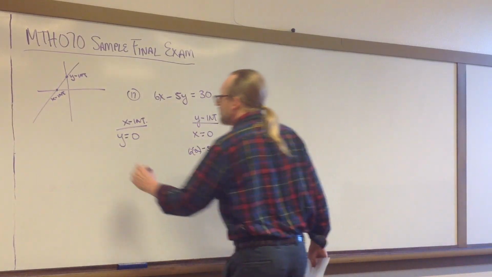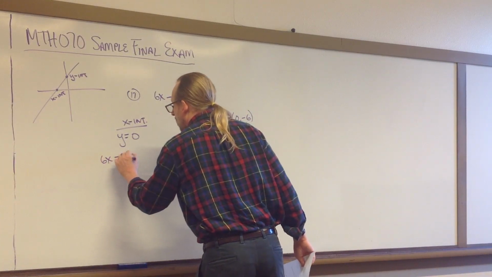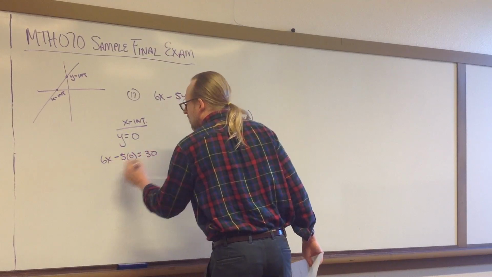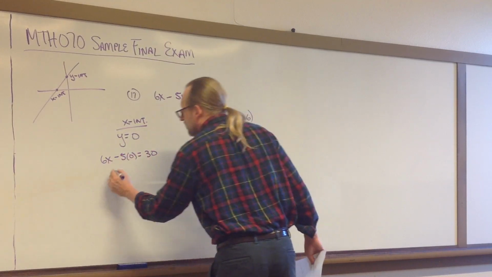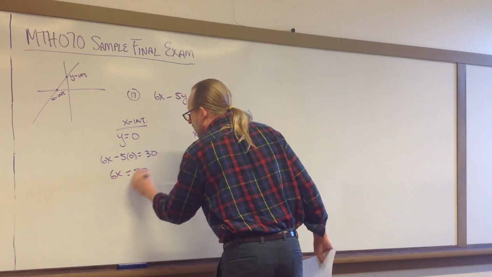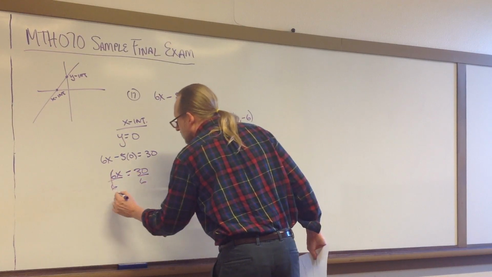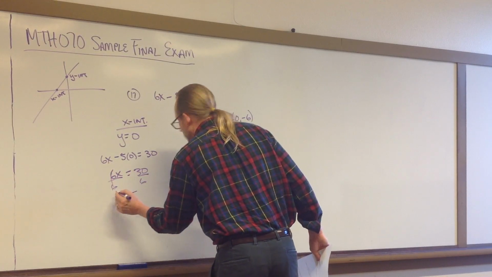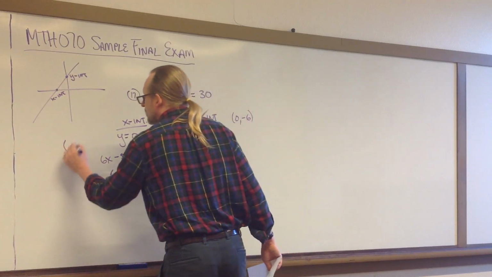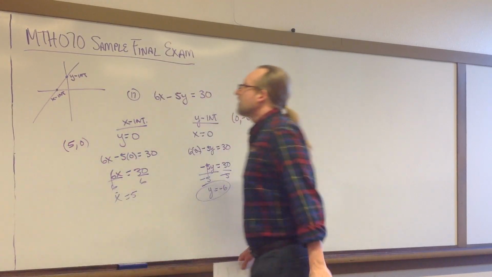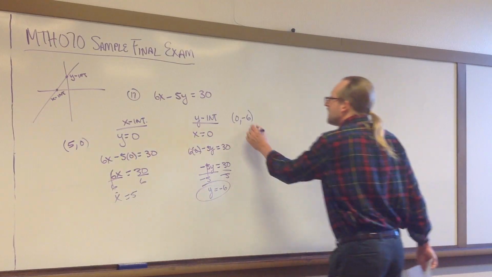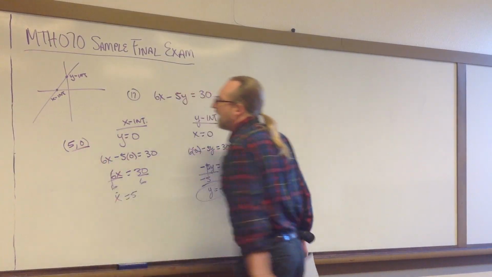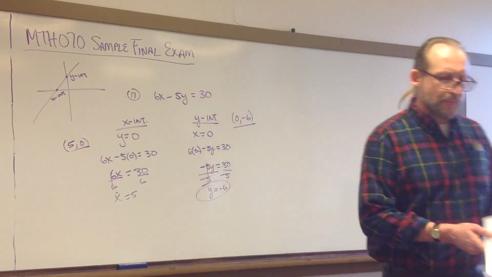Over here, let's make the y 0. So this drops out. It's 6x minus 0. Divide on both sides by 6. X is equal to 5. And again, it's best to answer this question as an ordered pair. 5, 0. Okay? So here are the y-intercept and the x-intercept for problem 17.